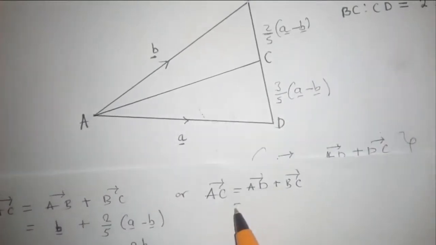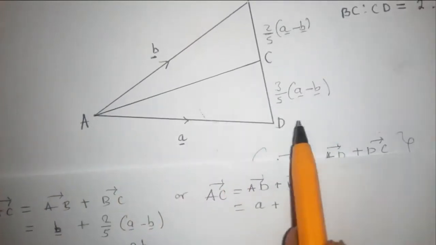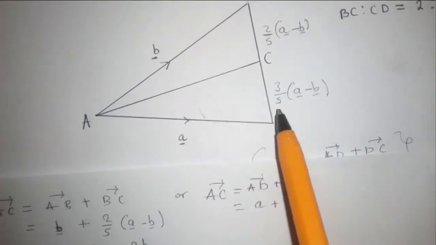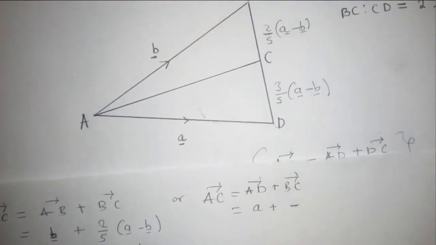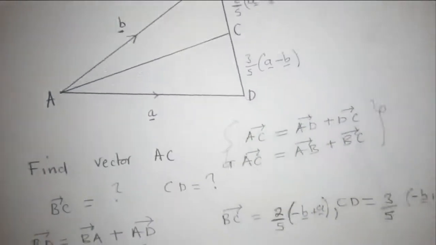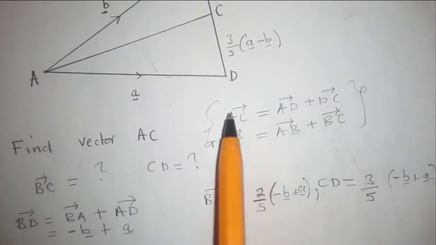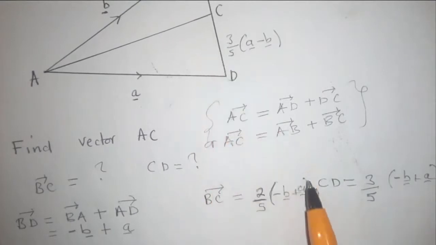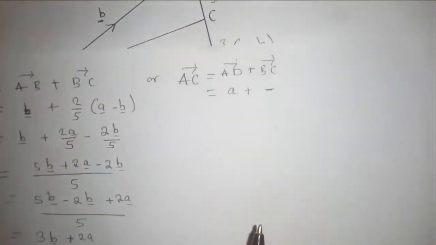So here if we say AD is A plus DC, it should be negative, because if you remember nicely, here we have CD, but here we want to use C for D. So this will be opposite, meaning we'll say negative, okay?